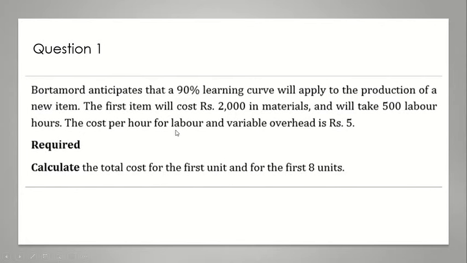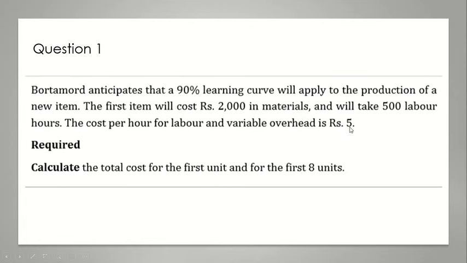Here they are saying the cost per hour for labor and variable overhead is 5 rupees. So both labor and variable overhead per hour is 5 rupees, both included. So we only want to multiply this 5 by this 500 to find the labor and other variable cost. The material cost they have given, and labor and variable cost is 5 per hour.